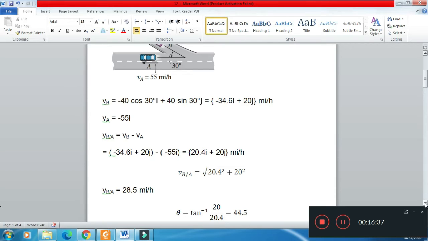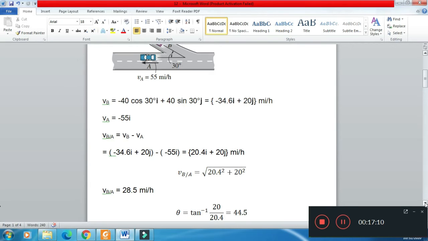Now this is the velocity of B with respect to A. Velocity of B is 40 miles per hour, but with respect to A, the velocity will be less. It will be 28.5, because both are moving in the same direction, not exactly in the same direction, but both are moving towards west.